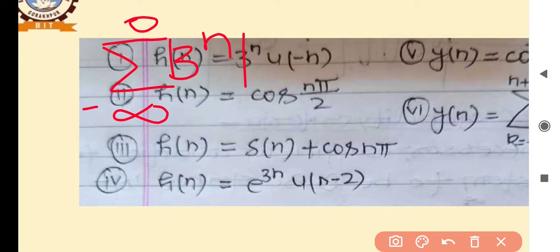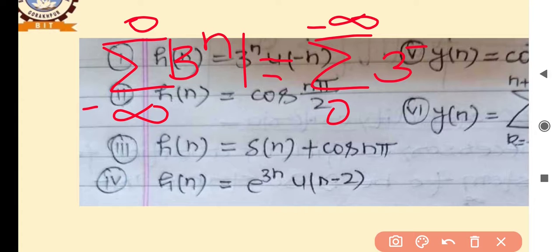So instead of putting minus infinity to 0, we will put 0 to infinity, and the power will become negative when we change the limit. It is from 0 to infinity, then it will become 3 power minus n, and I can put it as mod of 3 power n.